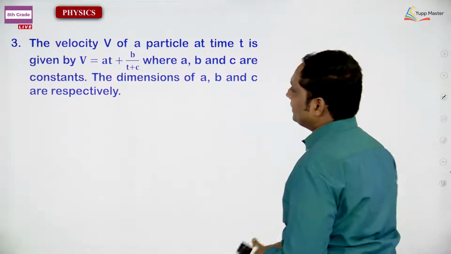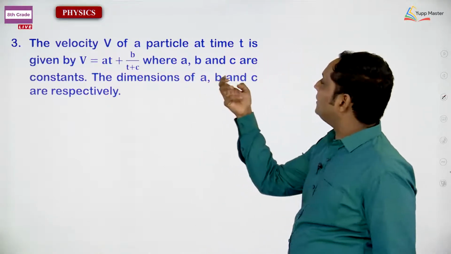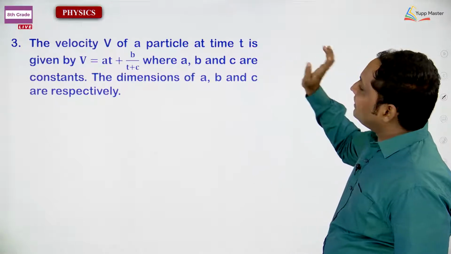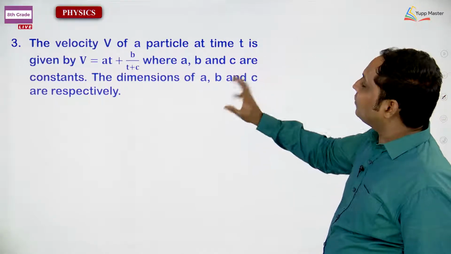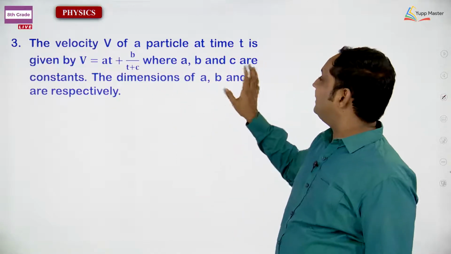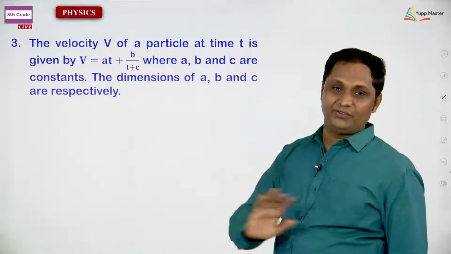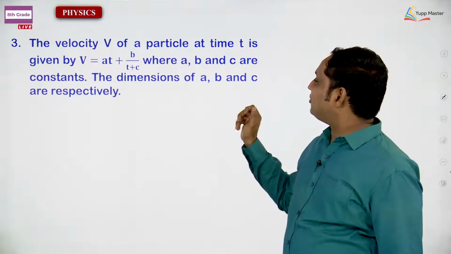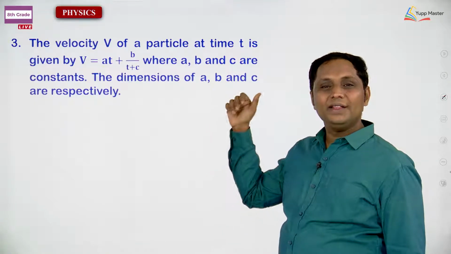Take that problem: the velocity of a particle at a time t is given by v is equal to at plus b by t plus c, where a, b, c are constants.